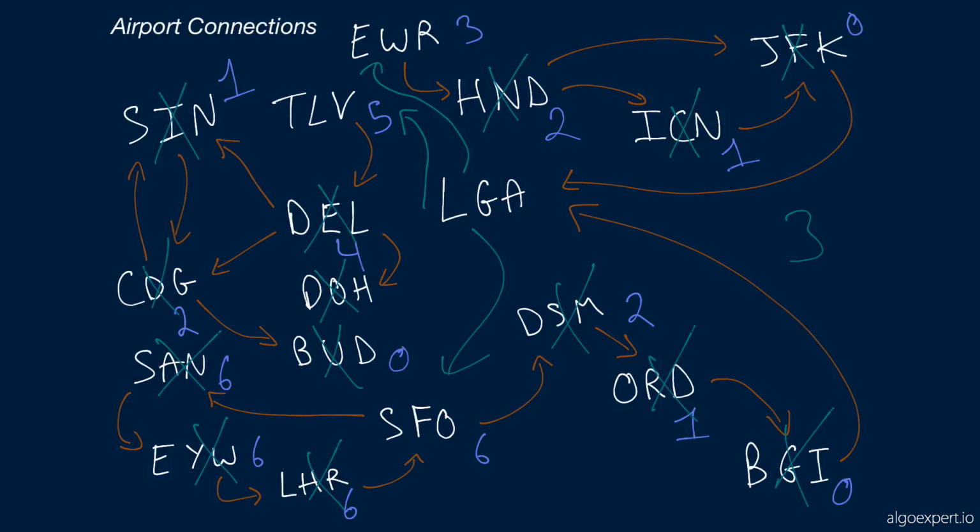And for each one where you create a connection, iterate through all of its unreachable connections and mark them as actually reachable now. And this is our green cross. Once we finish that process, we're left with, in this case, 3 connections that we had to add that enable us to visit every single airport. And that is the algorithm.